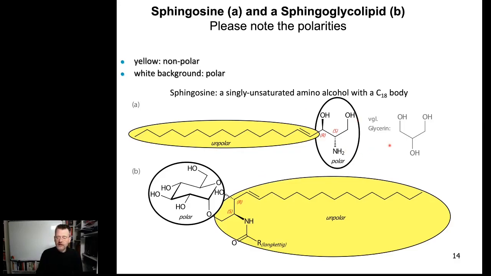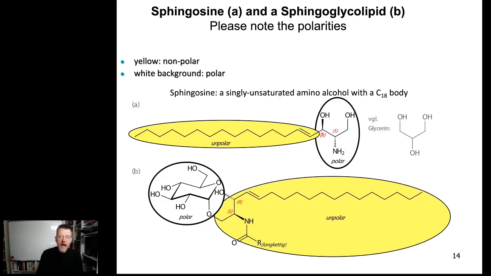When we're talking about glycerol, glycerin, this once again stems from a German slide, hence the German word unpolar instead of non-polar. So we've got the polar part of a sphingosine here. It's not N-acetylated, so we're not talking about a ceramide yet. But yeah, I think you see the structural similarity and even the similarity with respect to the polarity.